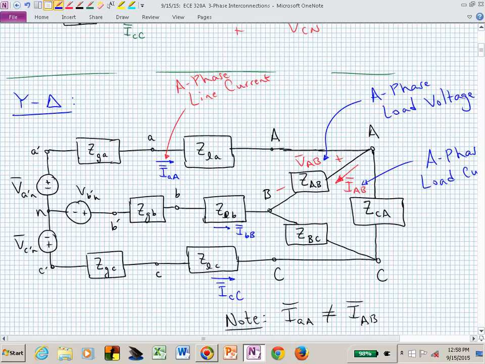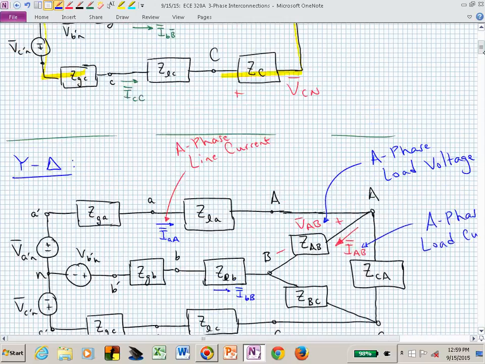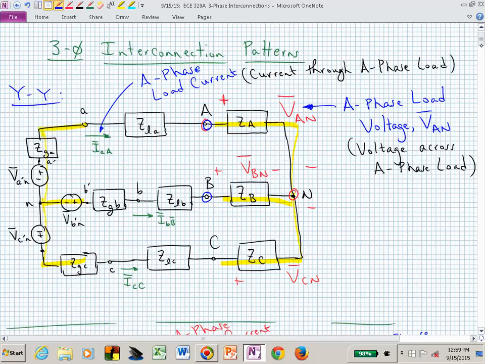The phase voltage and the line voltage are the same. We had just the opposite in the Y-connected load. There, our phase voltage was not the same as our line voltage, but the line current was the same as our phase current. Yes? Okay, so you said that for the Y line voltage was a combination of phase voltages. Yes. So for the delta it is the line current.